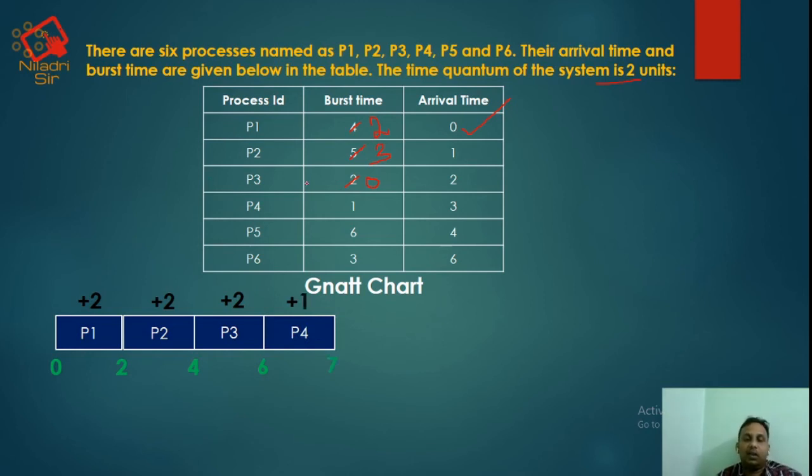Okay. So it will be 0. Next P5 will be executed, and it will execute for 2 microseconds as the burst time is greater than the quantum time. Okay. And after that P6 will be executed for 2 microseconds. Okay, so 3 will be 1.